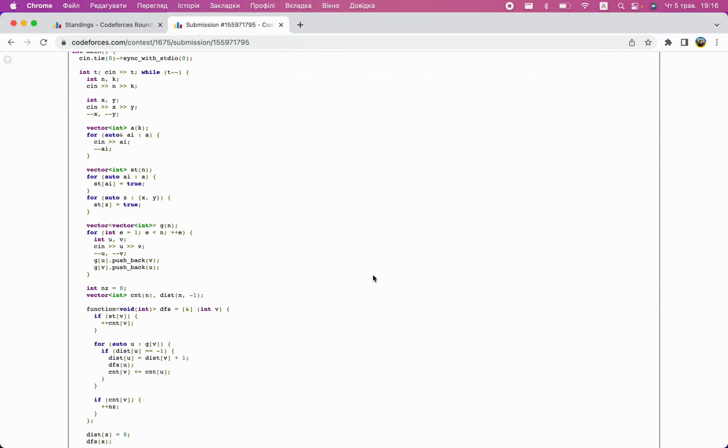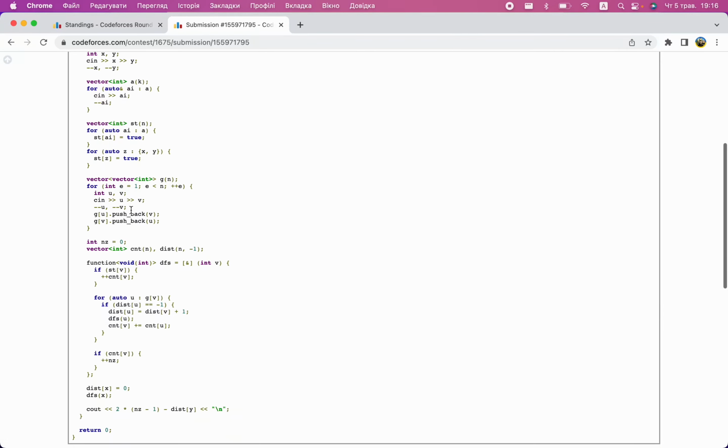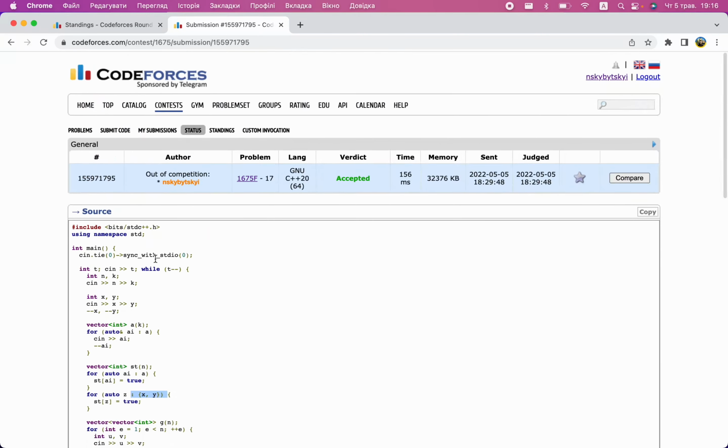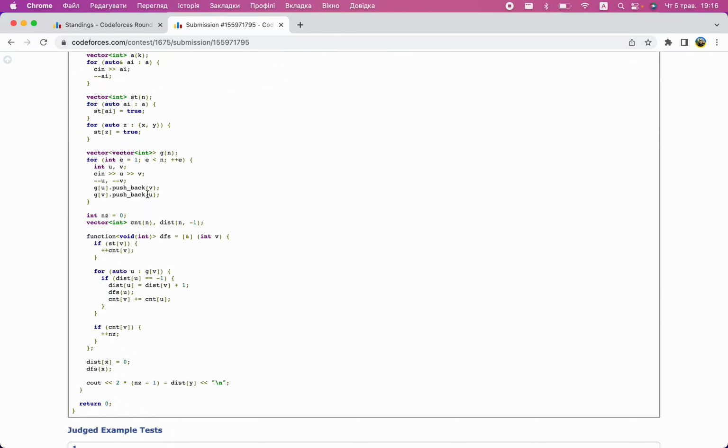So how to compute this thing? Well, first we need to construct the graph, also record for each vertex whether we want to visit it or not, which is true for all A_i and also for X and Y. By the way, you may not have known, but you can create for loops like that in C++17, I believe.